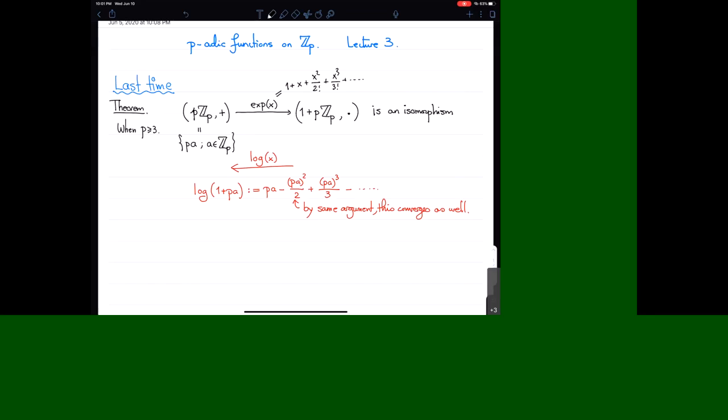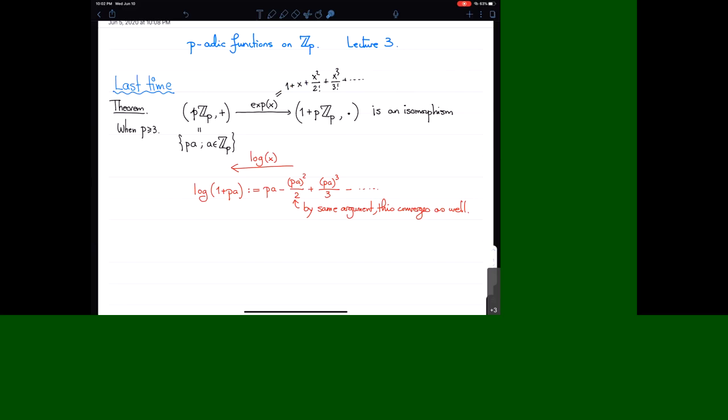It turns out that if your x belongs to pZ_p, then this infinite series will converge to a p-adic number, and after the second term, these terms will always be divisible by p. Therefore, this will land in 1 plus pZ_p.